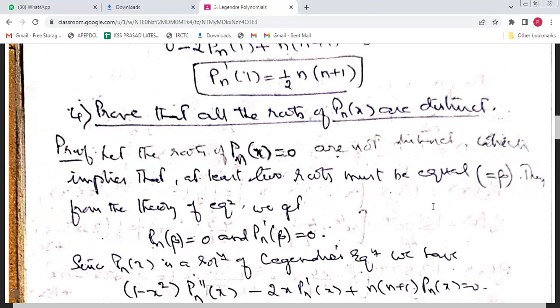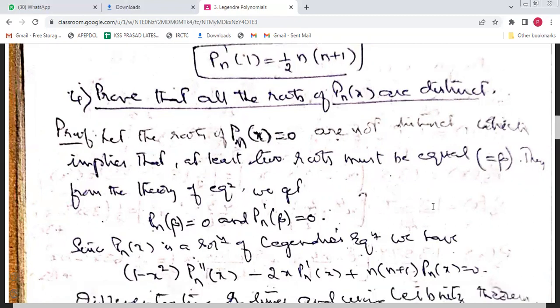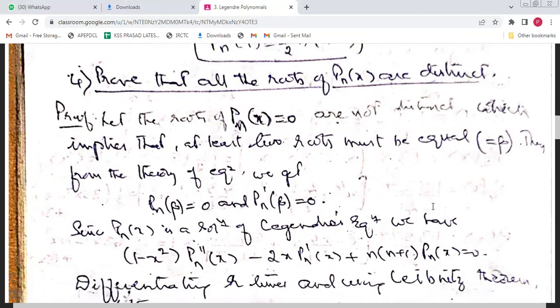Now Pn of x is a solution of the Legendre equation. So we have 1 minus x square times Pn double dash of x minus 2x Pn dash of x plus n into n plus 1 times Pn of x equal to 0.